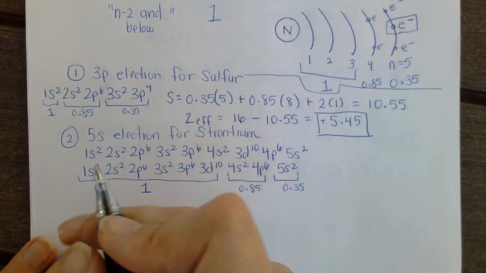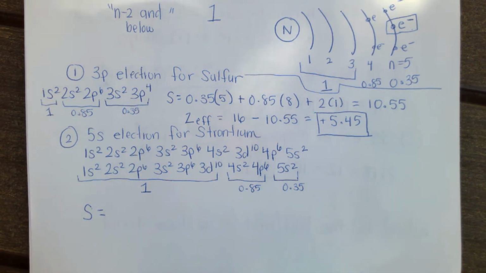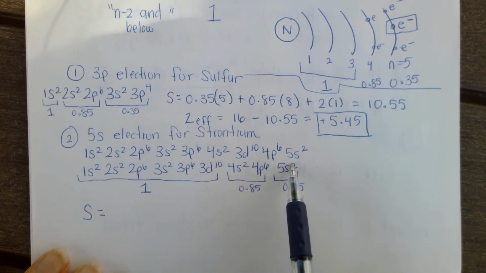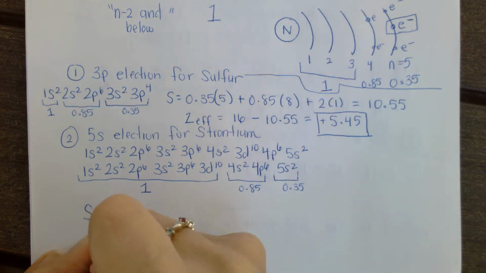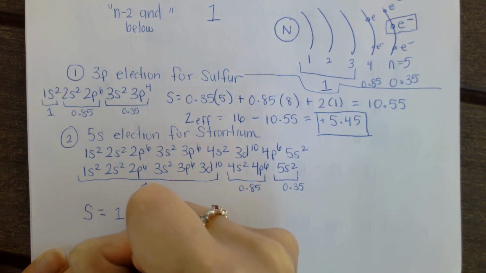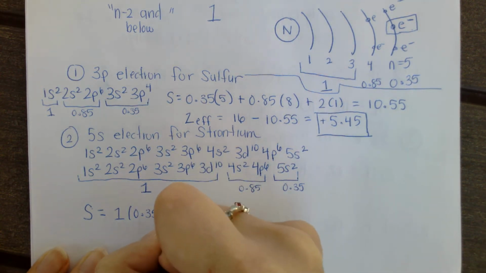Okay, so let's set up S. I like to start here. For a 5s electron, there's only one other s electron, so 1 times 0.35. Now just one electron is screening at 0.35.